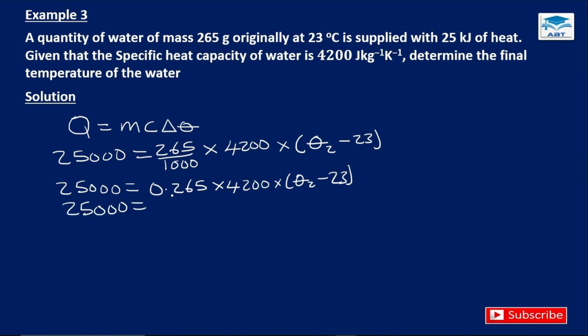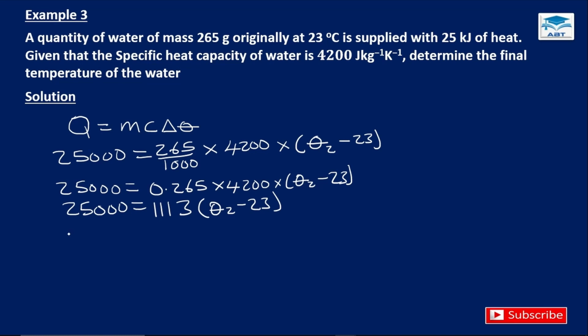And now 0.265 times 4200 will give us 1113. And we have theta 2 minus 23. And let's divide through by 1113.